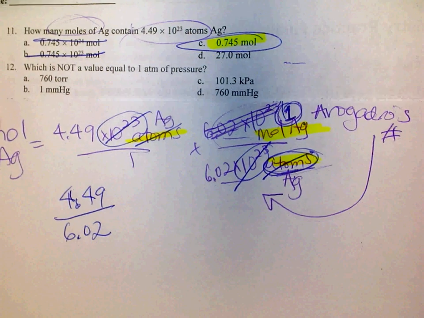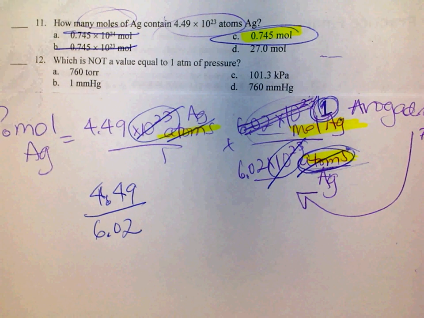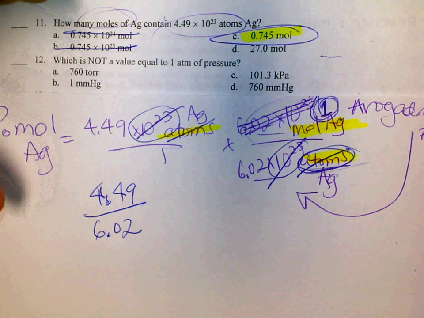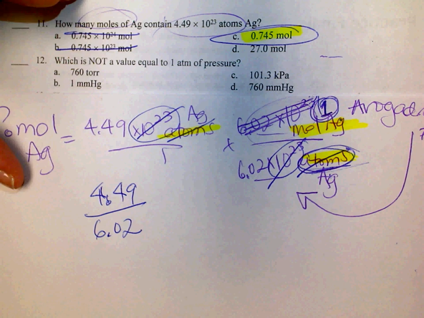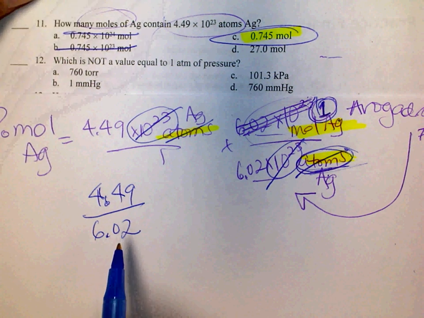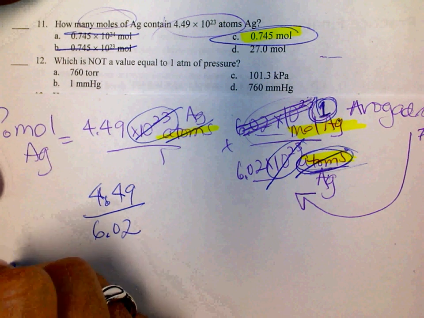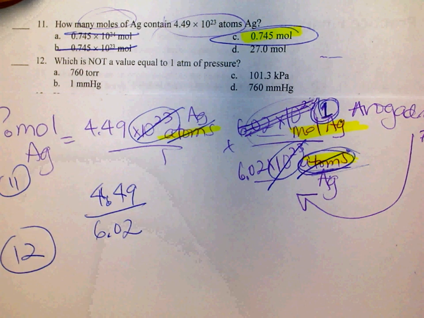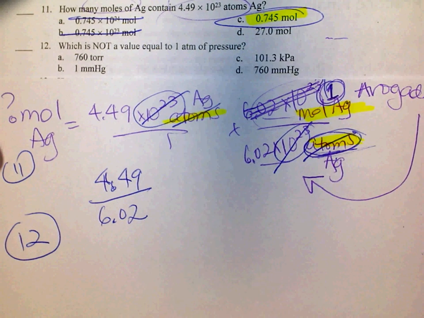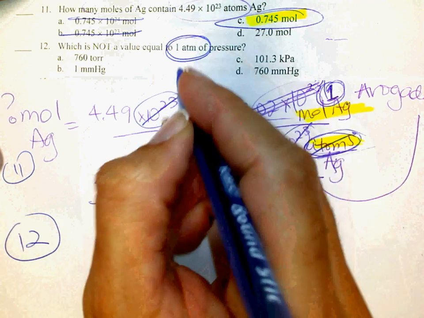Number 12. All right. Everybody, look at your laminated sheets, or the sheets I gave you toward the beginning of the semester, and you'll see we're on number 12 right now. This was number 11. On number 12, you will see conversions between pressures.